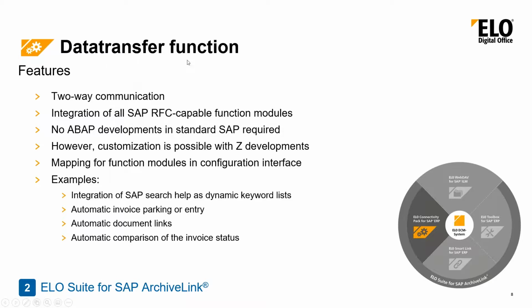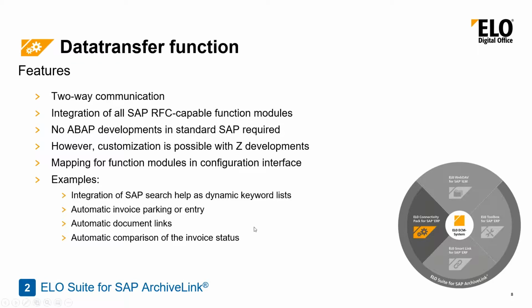Now, the data transfer is a very powerful function package. Here are some examples for which it could be used at your client side or at your side if you are a potential client. We have search helps, which are basic SAP search tools to look for possible values. For example, if you want to know a company code by the address, there's a search help for company codes.